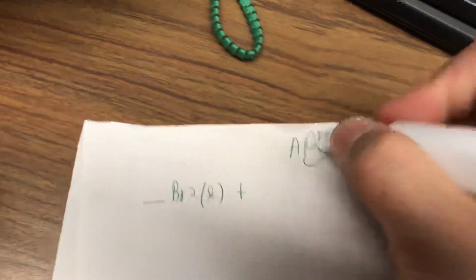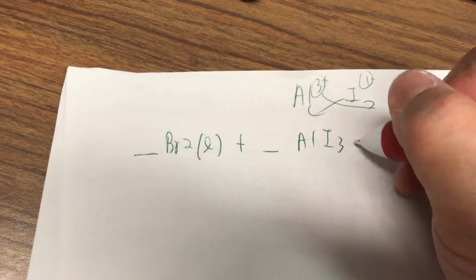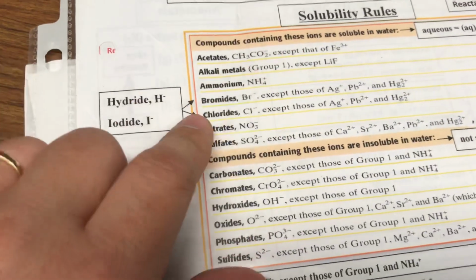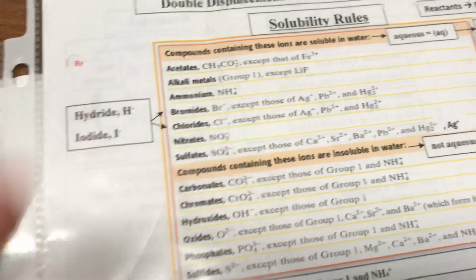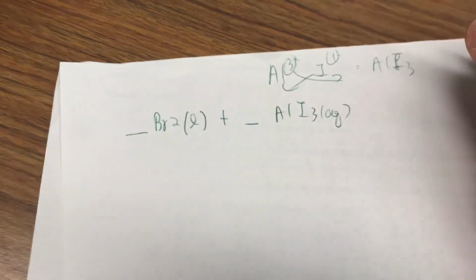By the solubility chart, iodide is going to be soluble, no exception, so it will be aqueous because it's soluble. Even though I did not give you the aqueous, you should figure out the solubility.